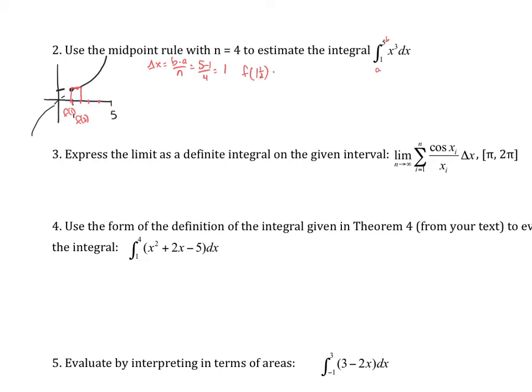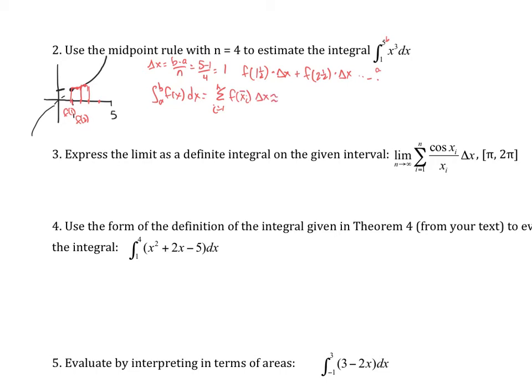And my f times my delta x. Then f of, well, what's between 2 and 3? That midpoint is going to be 2.5 times my delta x, and so on. So let's do all this. The integral from a to b of f of x dx is approximately the sum from i equals 1 to n of f of x sub i times delta x.